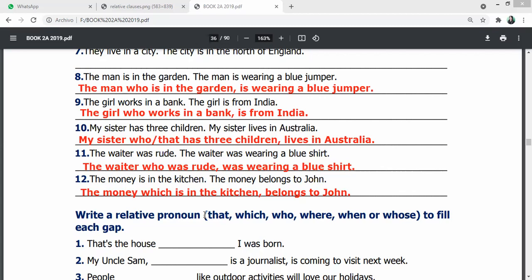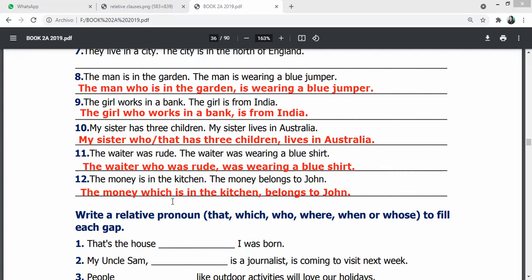Question. How do you use defining relative clauses? ¿Cómo ocupamos los defining relative clauses? How do you use defining relative clauses? So you have to be clear with the topic, okay?